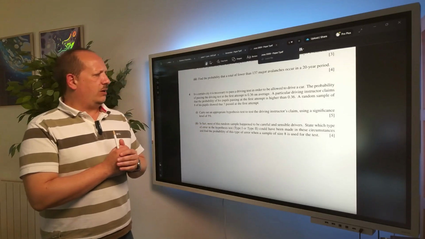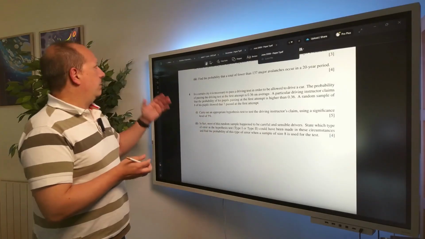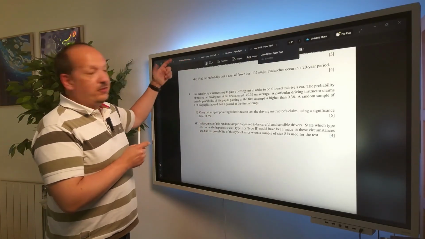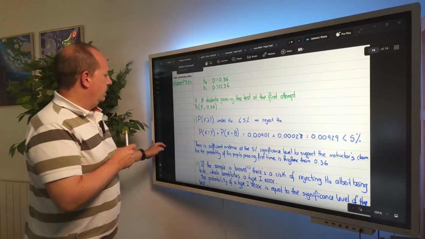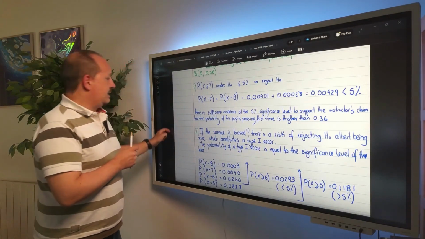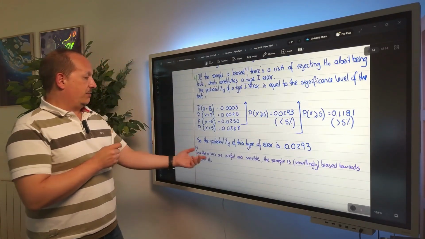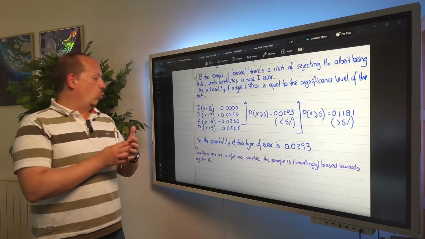So if the drivers are careful and sensible drivers, doesn't mean that he chose them on purpose, really doesn't matter, but if they are, what will this mean in relation to the test? The sample is biased, okay? The drivers are careful and sensible, so the sample is unwillingly biased towards what?